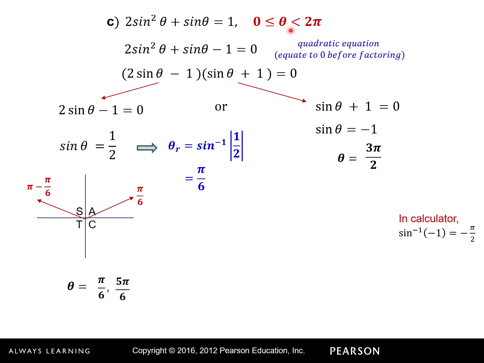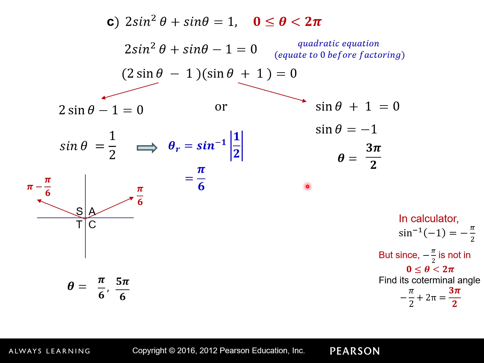It is outside this domain because 0 to 2 pi is a positive angle, but this is a negative angle. So what you can do is to get the coterminal angle. To get the coterminal, you would just add 2 pi to -pi/2 to get 3 pi/2. And this 3 pi/2 is inside the domain 0 to 2 pi. So this is how you will get 3 pi/2, which is the value of the angle.